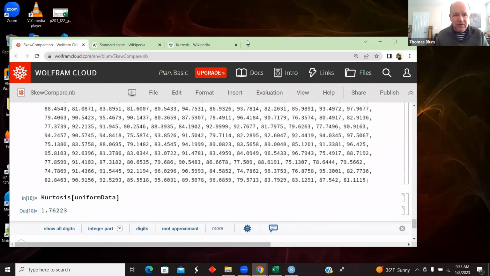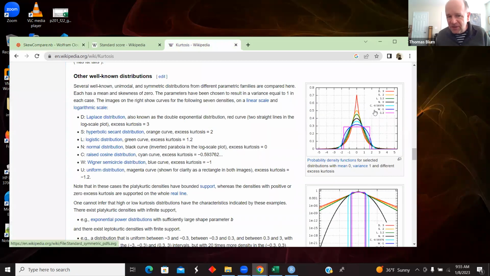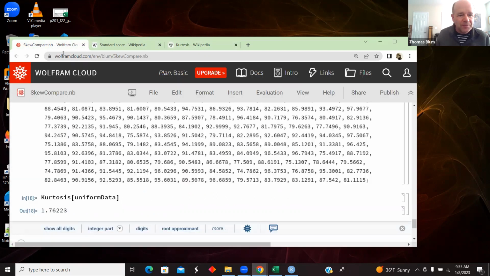And it was 1.76 here. And if I look back here in this comparison of kurtosis, the values in this graph are excess kurtosis, so the normal distribution was 0, and the uniform distribution was minus 1.2.